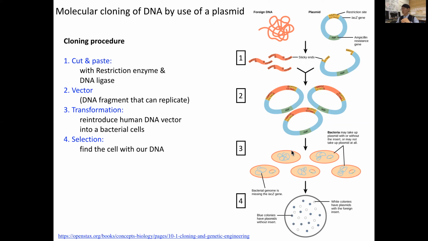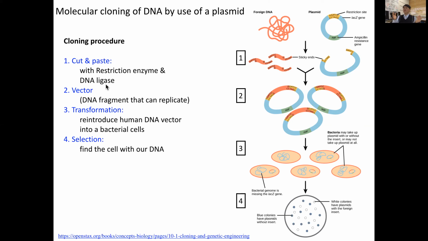And then you put it into bacteria, which may take it up or may not. However, we have this ampicillin resistance, so you add the ampicillin antibiotic, and those that did not have this resistance will die, and only those that have taken up this plasmid will have the resistance and survive.